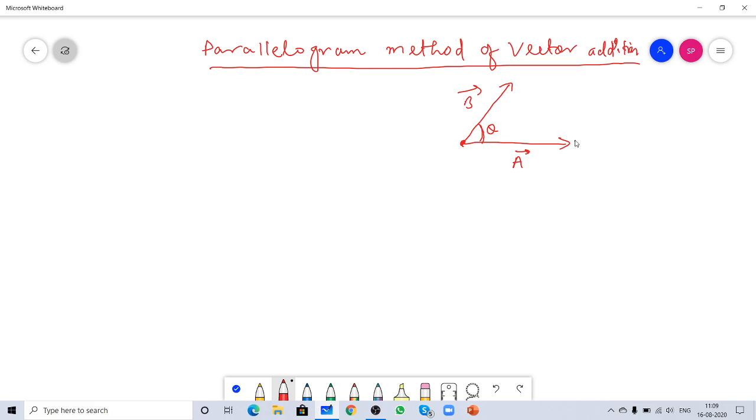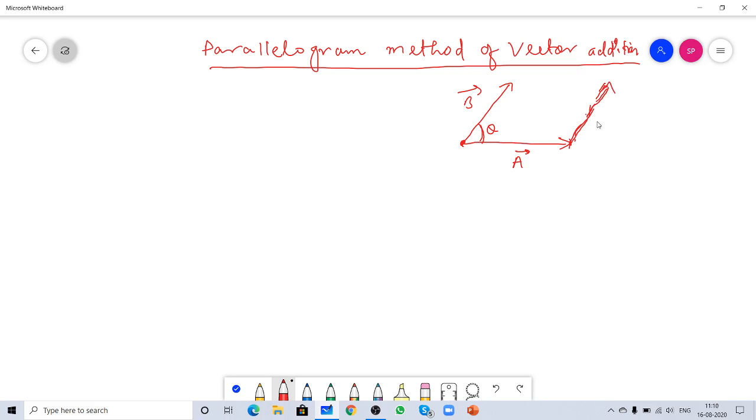This is the tail, this is the head of a vector. So I'll bring this b vector to the head of a vector and draw it parallel. It will not change, because parallel vectors are the same, their value will not change.